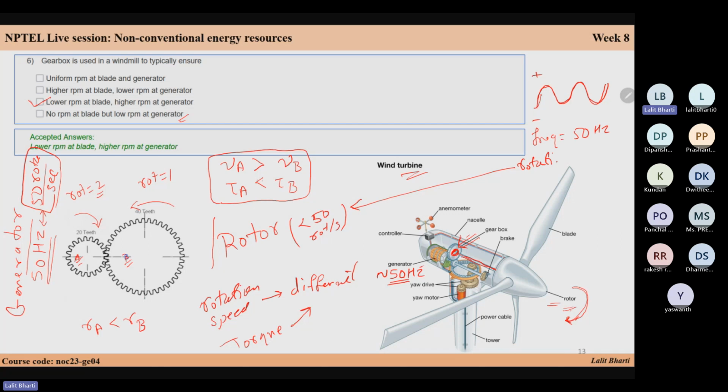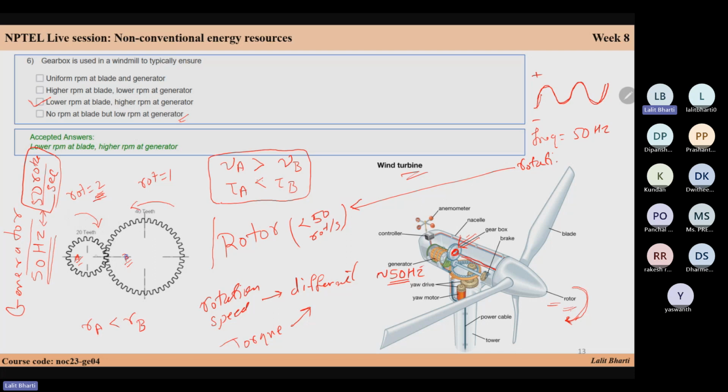So if you need to increase the speed, in that case where your A is having 20 teeth and your B is having 40 teeth, your A will rotate twice for every rotation of your B. So the gear B will be rotating once.